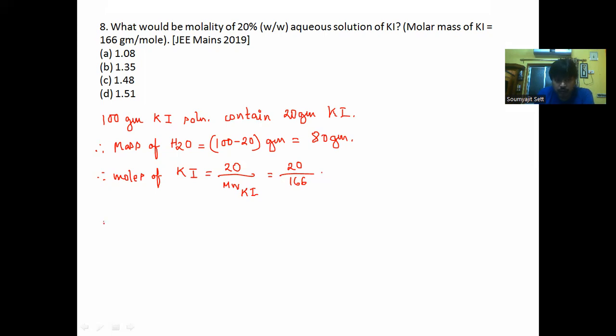So molality m will be equal to 20 by 166 divided by 80 by 1000. So by calculation we will get 1.51. That is the correct option. Okay.